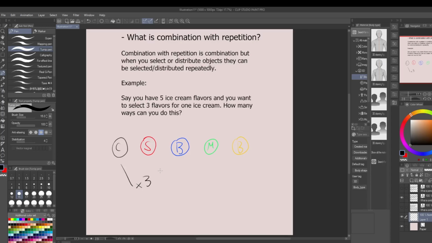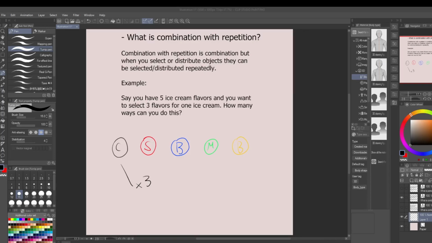So we can just check if the objects in the question that are to be selected can be repeated or not, which can help us confirm whether this is a combination with repetition question or not.